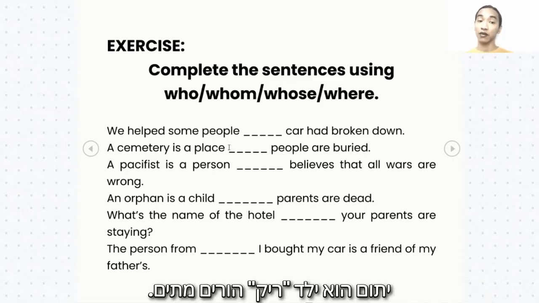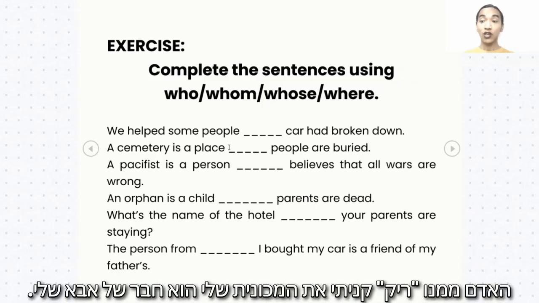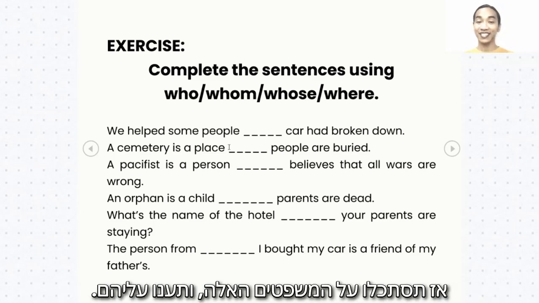An orphan is a child blank parents are dead. What's the name of the hotel blank your parents are staying? The person from blank I bought my car is a friend of my father's. So look at these sentences and answer them.